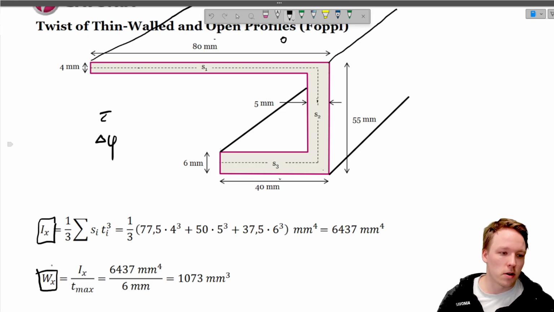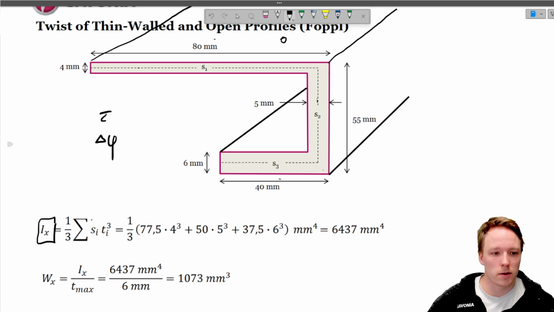Well, let's start from the Ix. So in the equation for Ix, we have 1 divided by 3 multiplied by the sum of Si multiplied by Ti to the power of 3. So what are those?